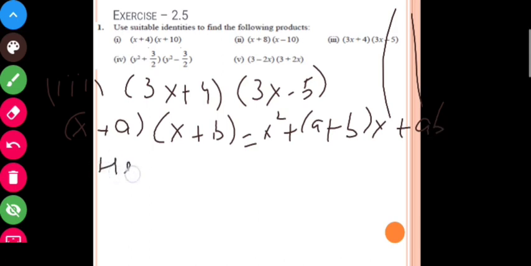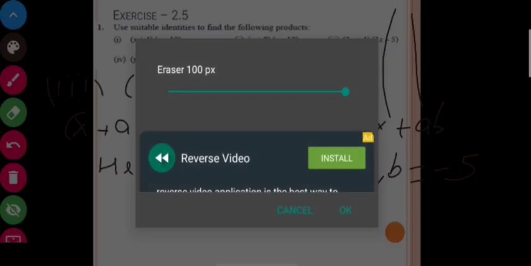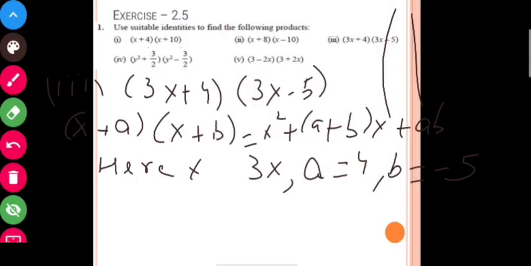Here x is your 3x, a is your 4 and b is your minus 5. So x is equal to 3x.